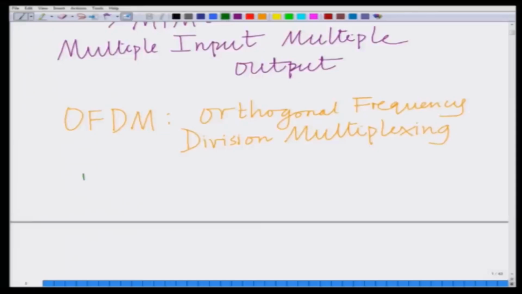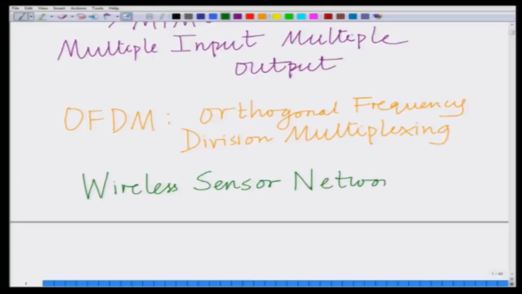And also wireless sensor networks. We are going to look at applications of estimation theory in wireless sensor networks. That is another important area where concepts of estimation are widely applicable. Wireless sensor networks are also basically abbreviated as WSN.